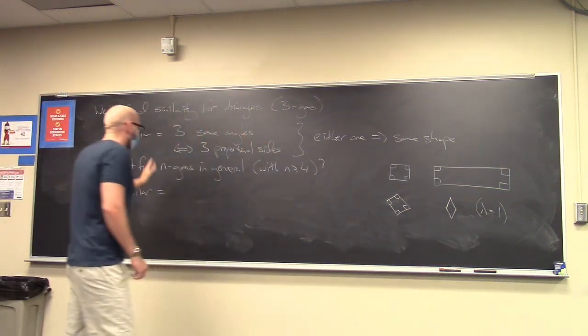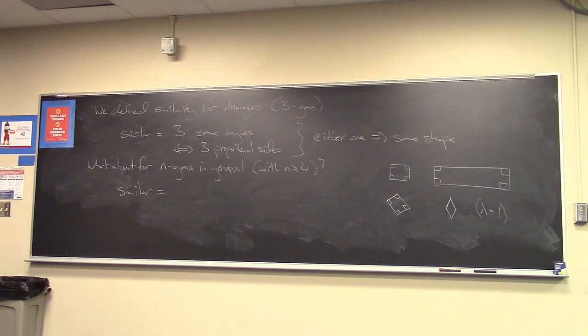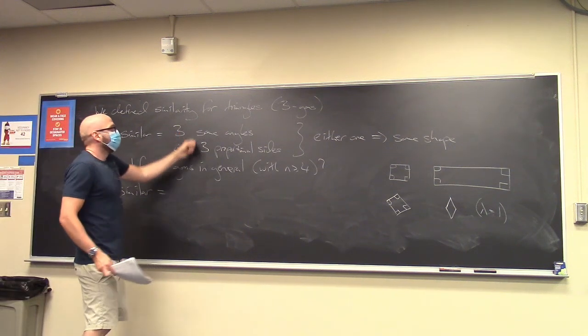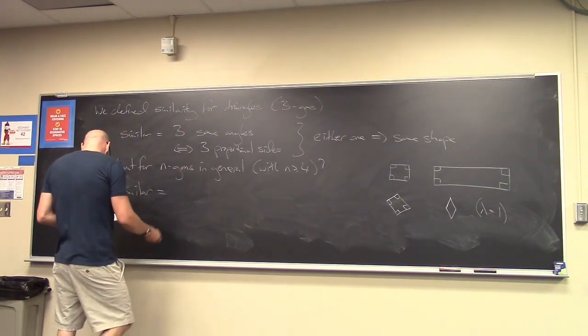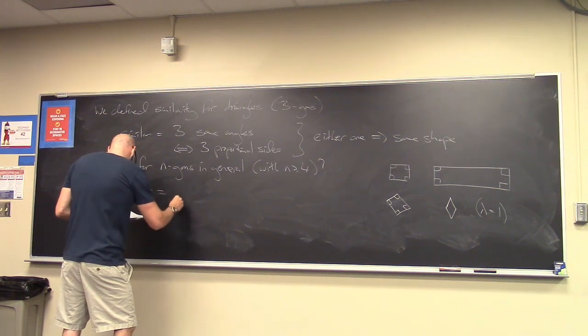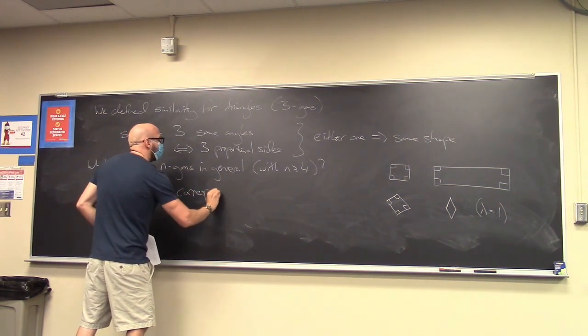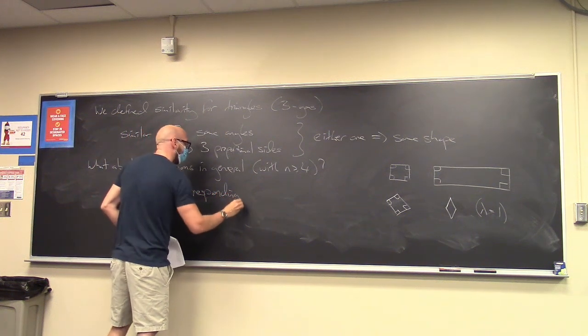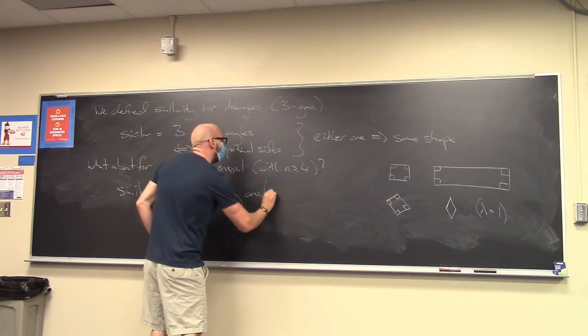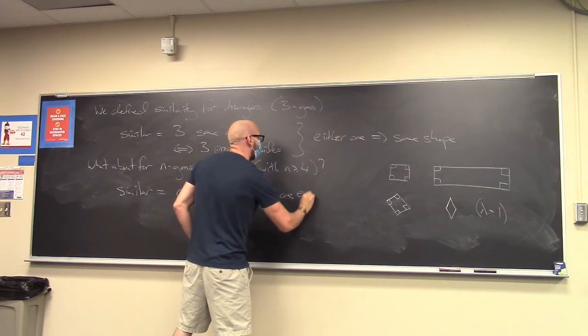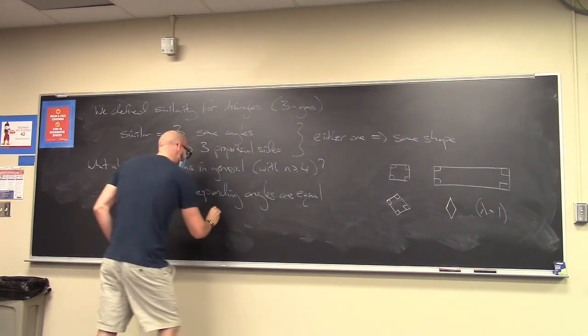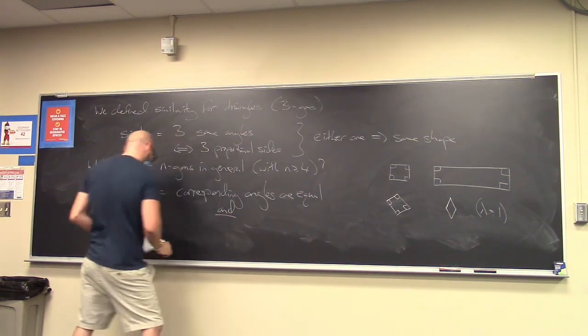So this is how we'll define similarity for n-gons in general, is you need both of these things to happen. So similar in this case is going to be corresponding angles are equal, and corresponding sides are proportional.